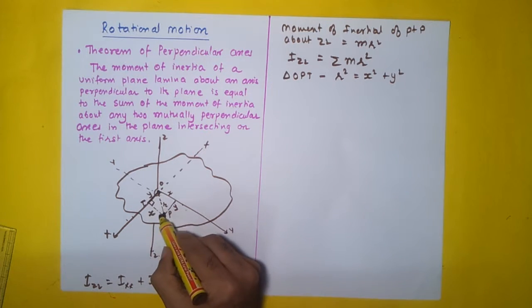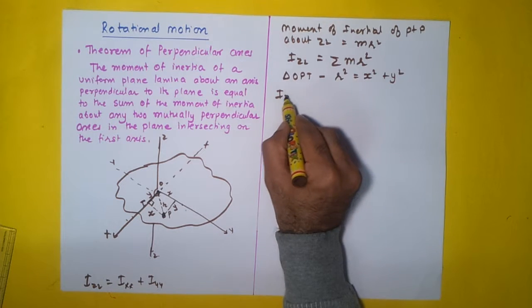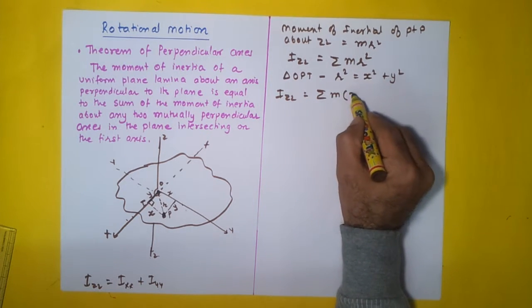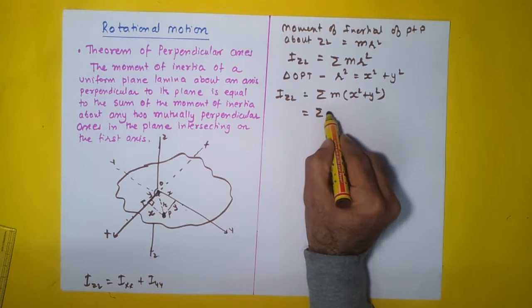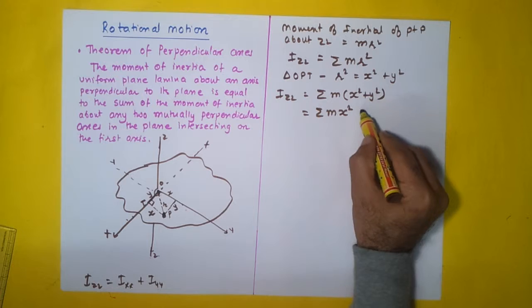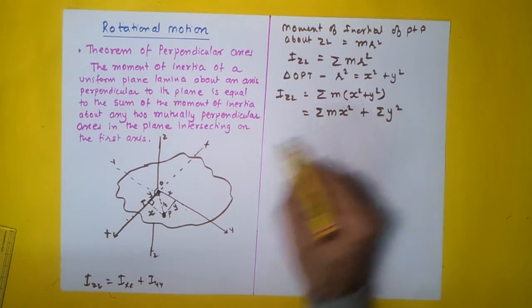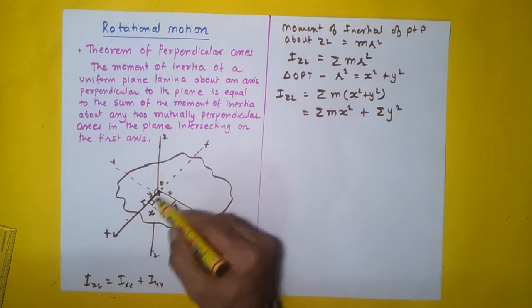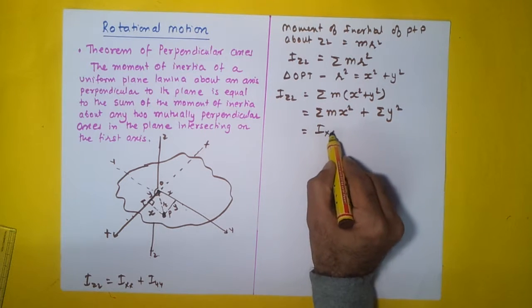Therefore, if I go back to this, IZZ is equal to sigma m r square, and r square is x square plus y square, which can be written as sigma m x square plus sigma m y square. And x is the distance from the x-axis. So this will give me the moment of inertia about the x-axis. So this will be IXX.